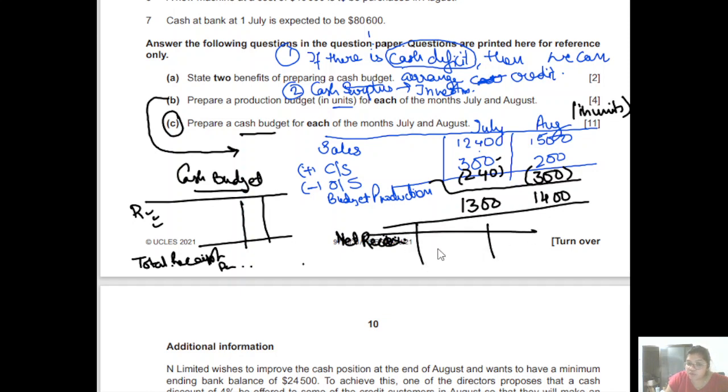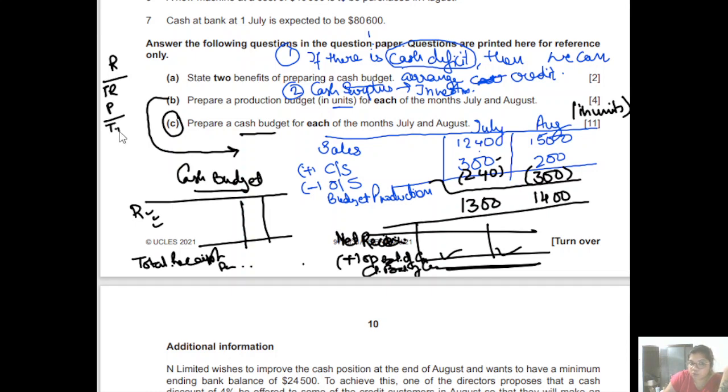After that, add the opening balance of cash, and then you will be able to find out your closing balance of cash, because under a cash budget you have to predict your total cash at the end of the budget. So how are you going to predict that? First write down your receipts, then find out the total receipts, then write down the payments, then you're able to find out your total payments.